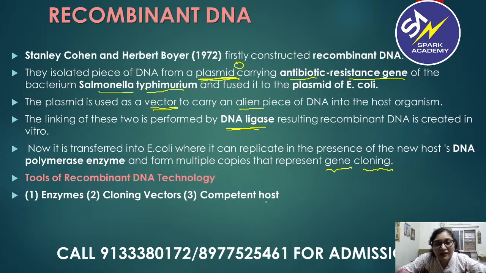For this rDNA technology, you will require a few enzymes to cut down and to join, okay, and a cloning vector and a competent host. That means a host should acquire that gene and it can allow that gene to multiply. Okay, the host should be competent here. So we will discuss one by one what all enzymes you will require for rDNA technology.